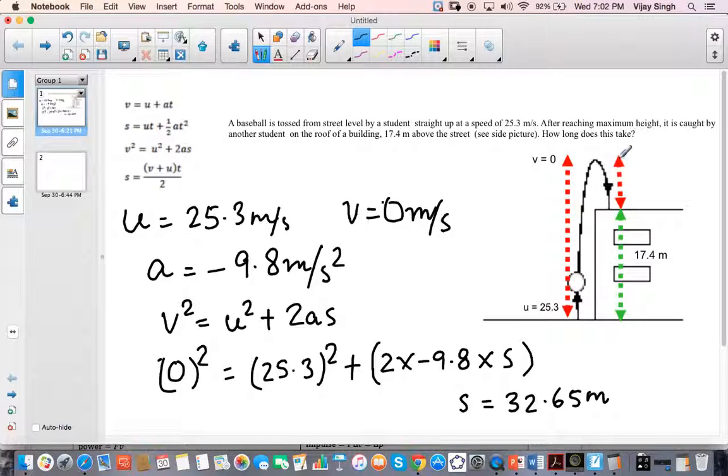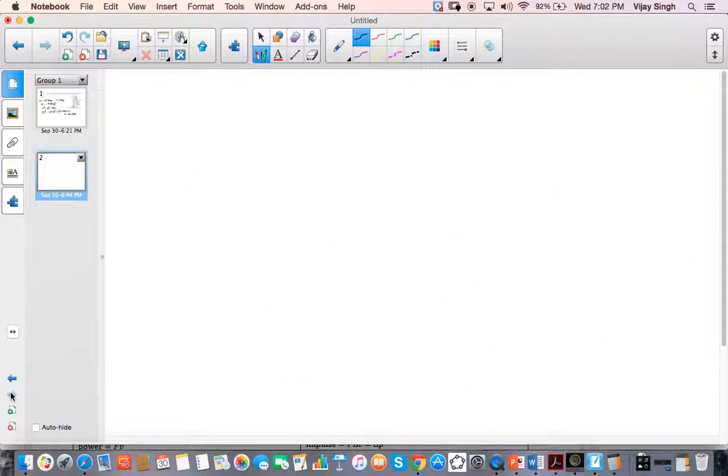Now this point to this point already is 17.4 meters. So we need to calculate the distance between this point and this point. That is going to be 32.65 minus 17.4, which gives you 15.25 meters.